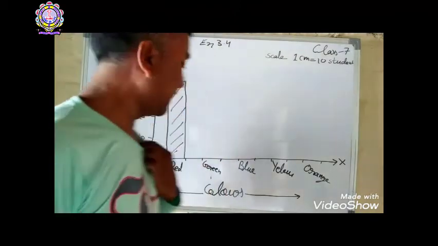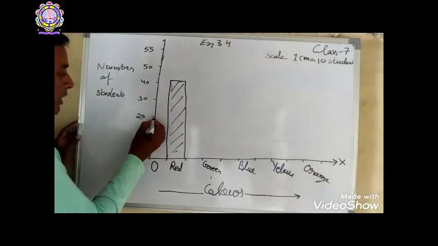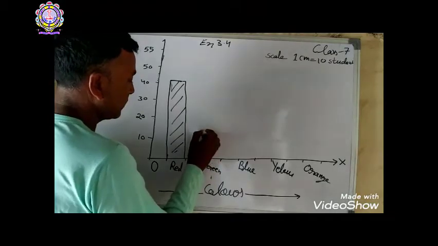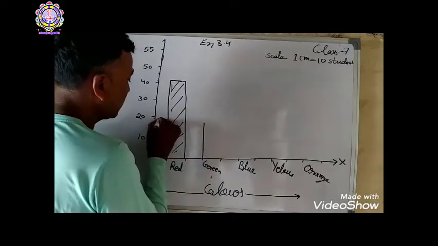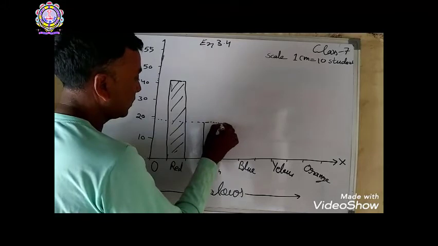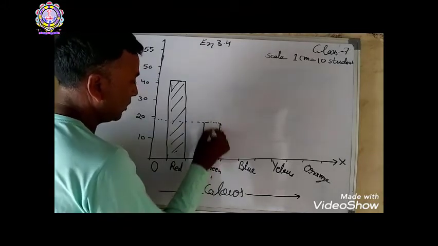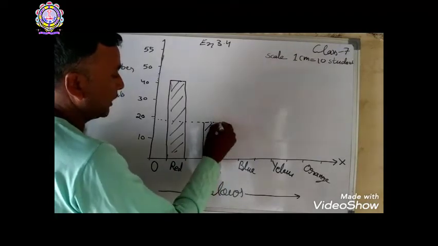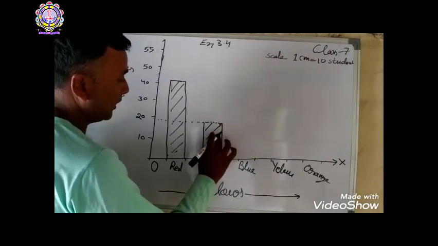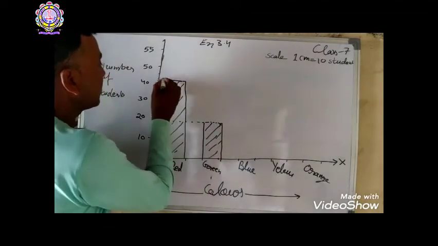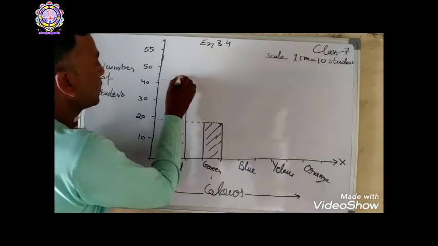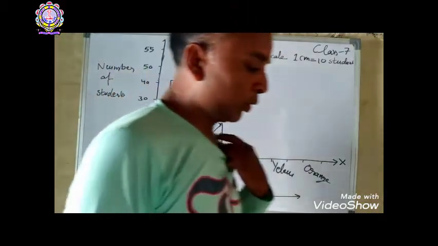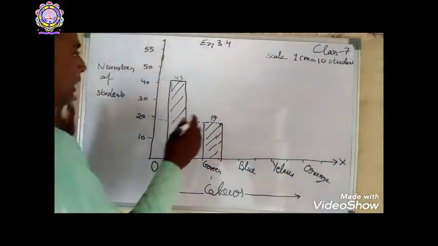Another is the green color, 19. So 19 comes just one step before 20. That is the green color. Fill the green color here, and the width of the bar should be equal. That is 43, and that is 19. Another is the blue color, 55. 55 is here.